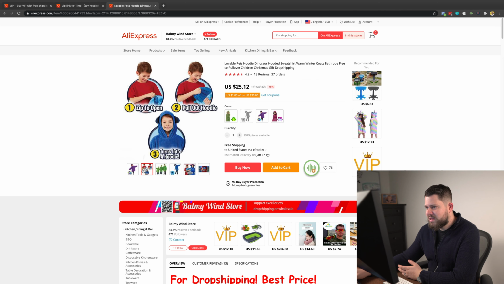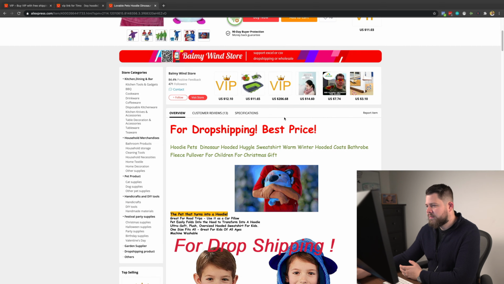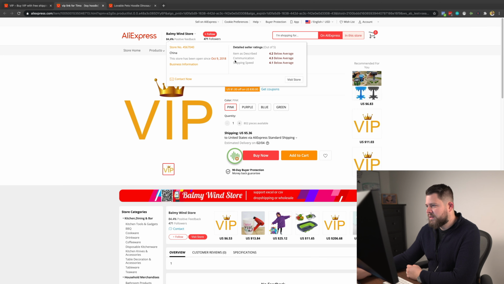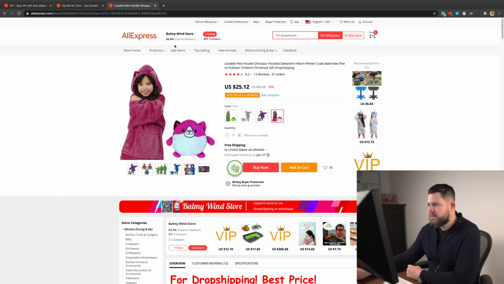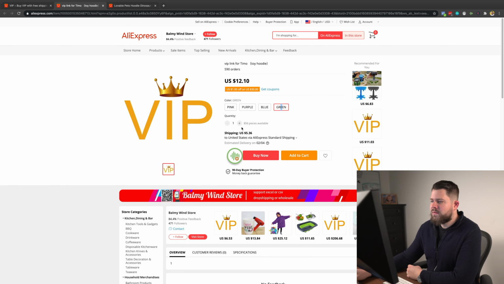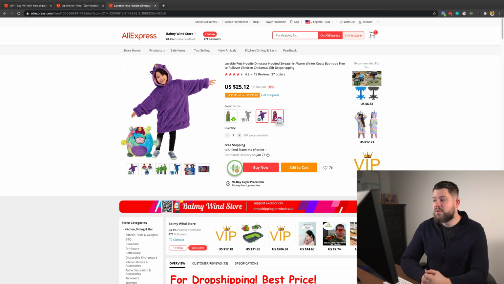Yeah, because it's basically a bag and a hoodie, so it's probably that one. And basically, here he's buying it in pink, purple, blue, green. Yeah, and exactly pink, purple, blue, green. And basically he's buying it for 17.46, and here that supplier is selling it for 25.